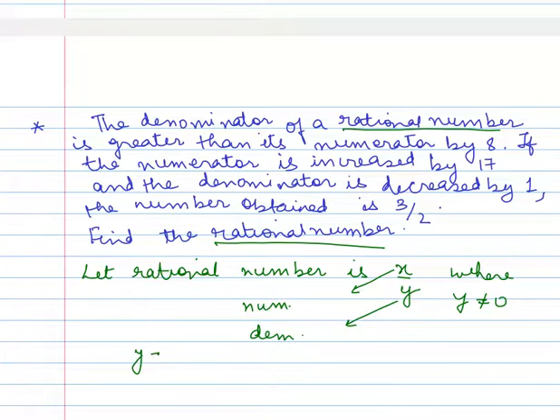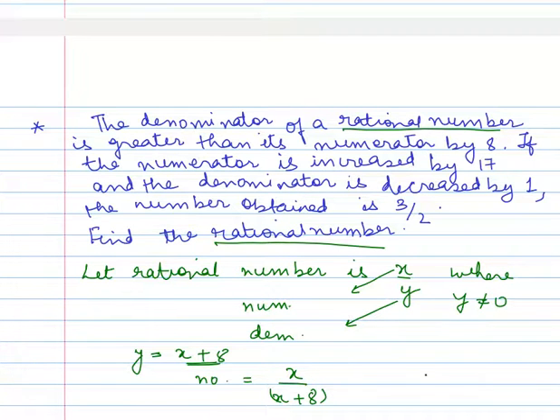So y is greater than x by 8, so y should be equal to x plus 8. So my number again becomes x upon x plus 8. We have replaced y with x plus 8.